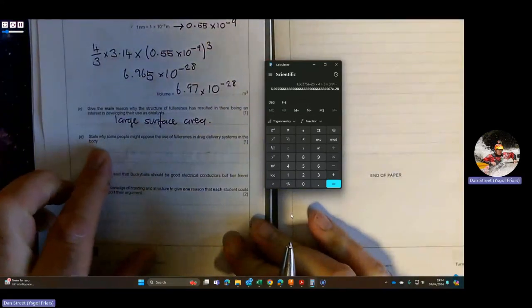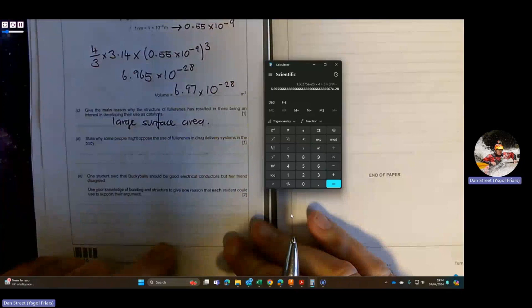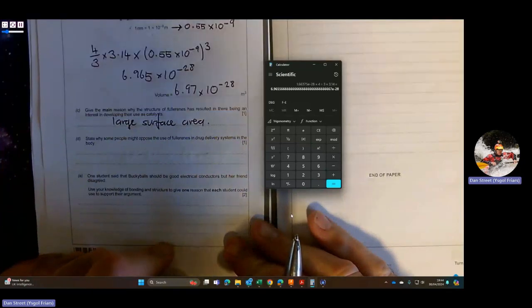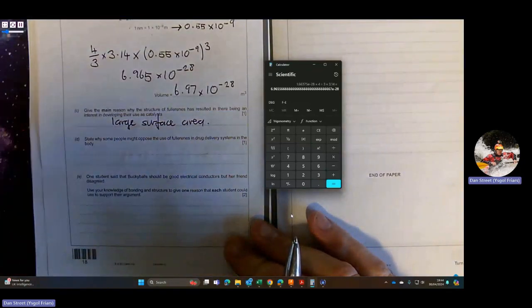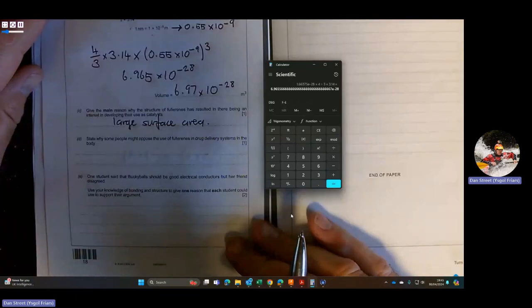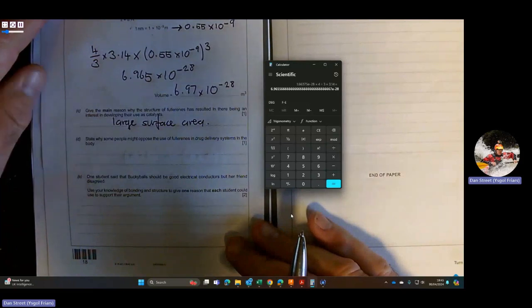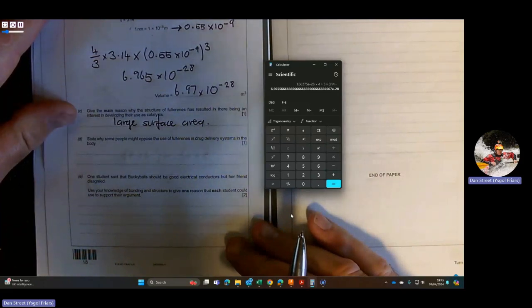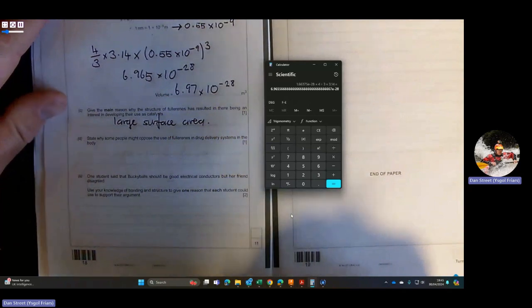And then state why some people might oppose the use of fullerenes in drug delivery systems in the body. So this is similar to the issues with titanium dioxide in sun cream as a nanoparticle and also silver as a nanoparticle. Short-term studies have shown them to be safe, but long-term studies might show there to be some issue.